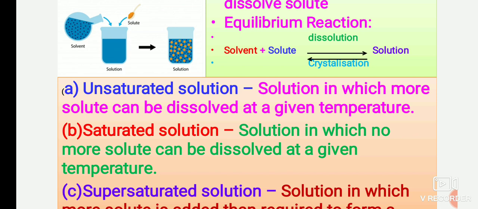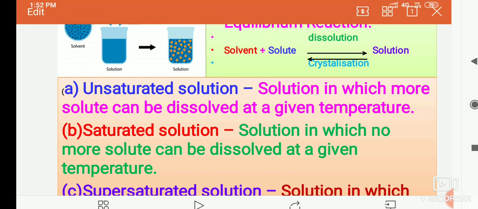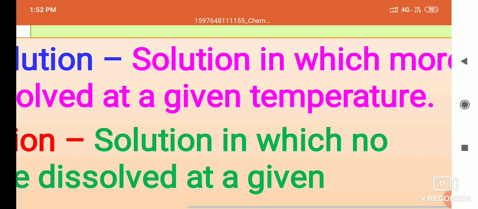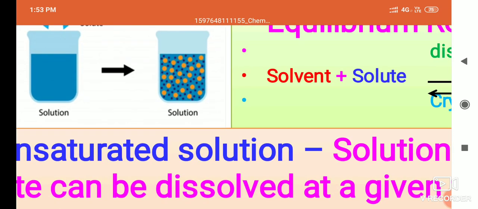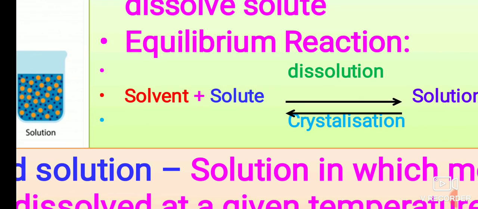First, we see according to the equilibrium reaction. At the equilibrium reaction, when the solute is added into solvent and the solution is formed, to this solution, equilibrium state is attained, and therefore no change in this system.